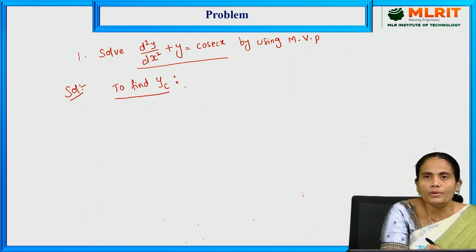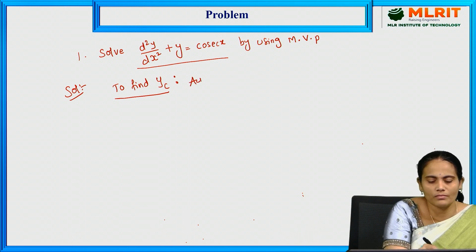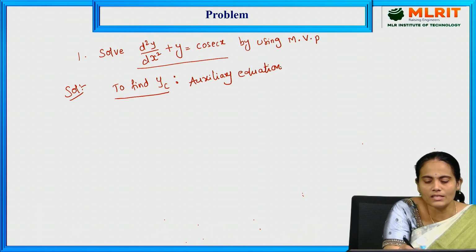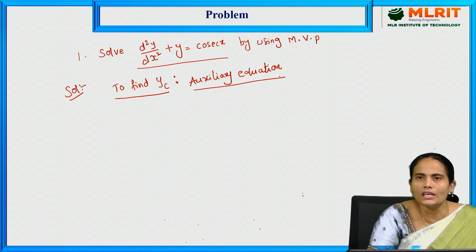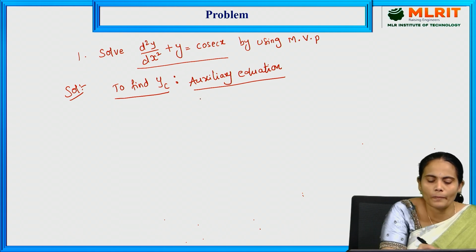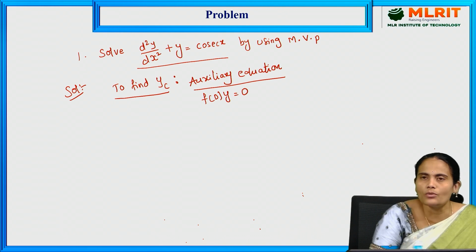To write it we have to write the auxiliary equation, which is the algebraic equation of f of d into y is equal to 0.